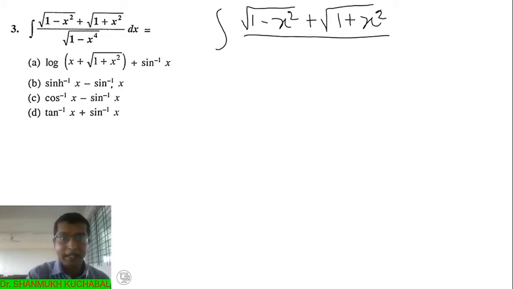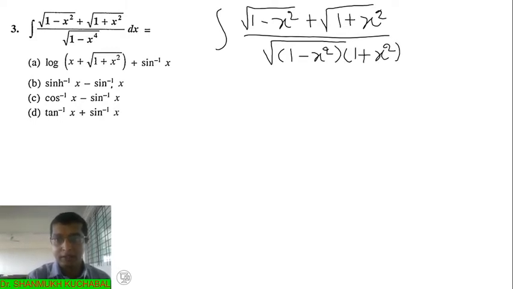This can be written using the a square minus b square expression: a minus b into a plus b. That can be written as 1 minus x square into 1 plus x square. So a minus b into a plus b is a square minus b square, here it is 1 minus x raised to 4.